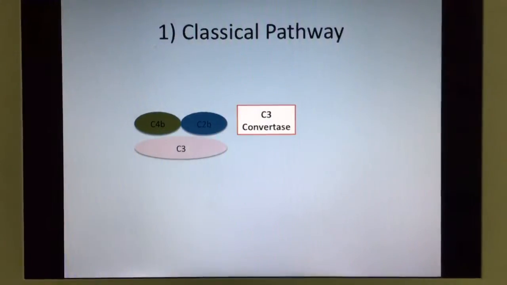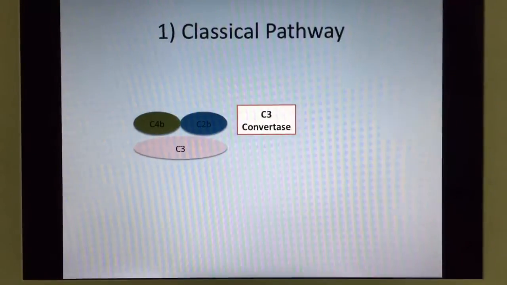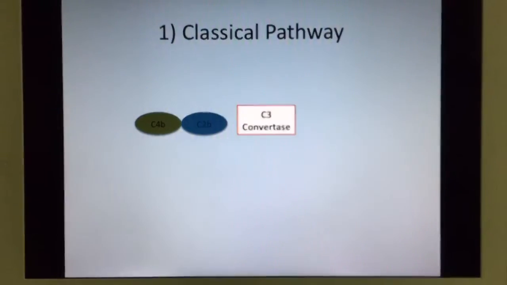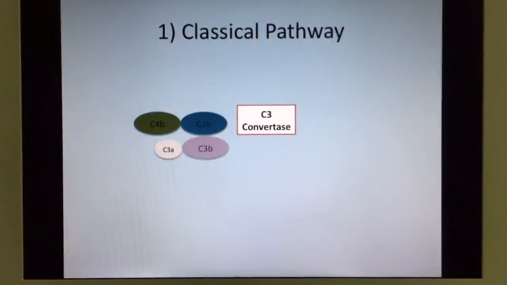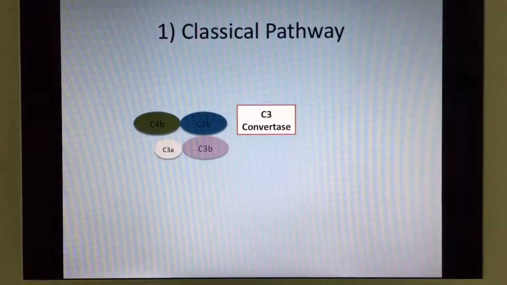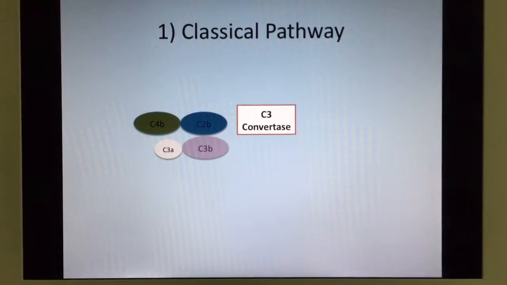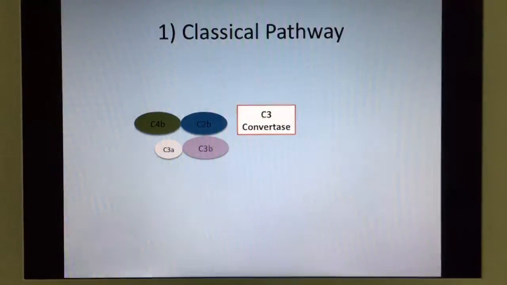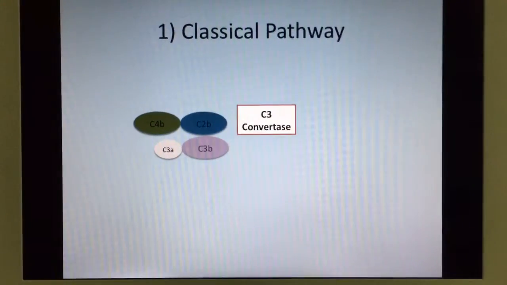The C3 convertase is able to bind C3 and cleave C3 into C3a and C3b. C3a initiates a local inflammatory response, while C3b combines with C4b and C2b to form a C5 convertase.